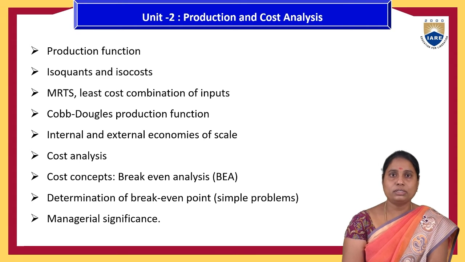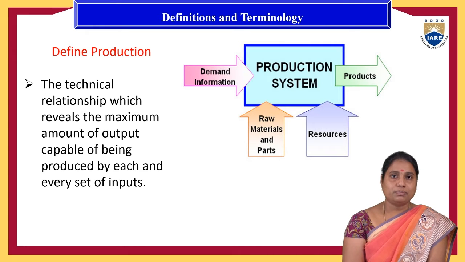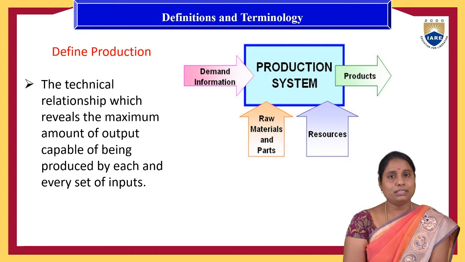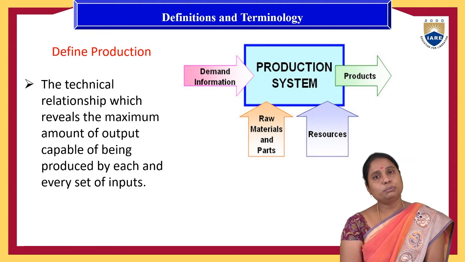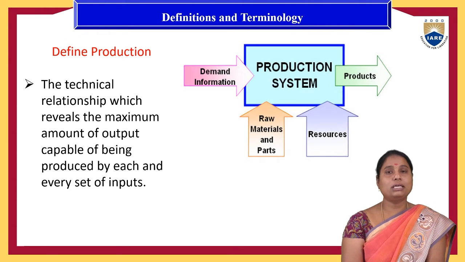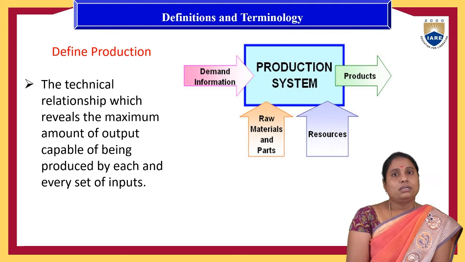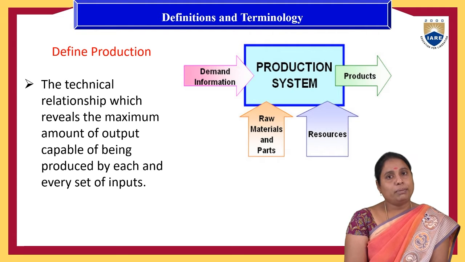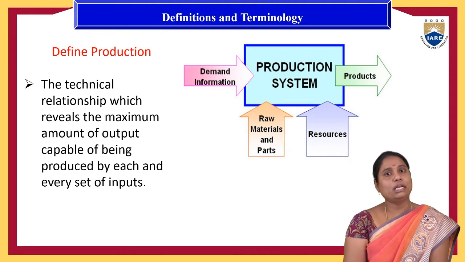Let us see the terminology in this Unit 2. Define production. Production is an activity of converting inputs to the expected output, which means the relationship which reveals the maximum amount of output capable of being produced by each and every set of inputs. Generally, raw material, labor, technology, land, etc. are called the inputs for any product.